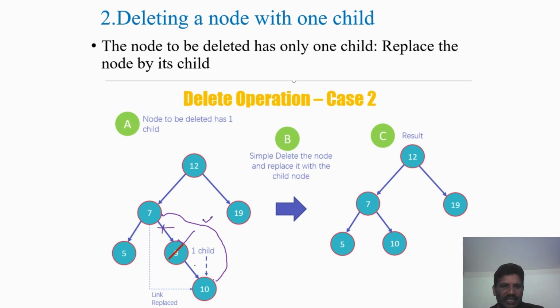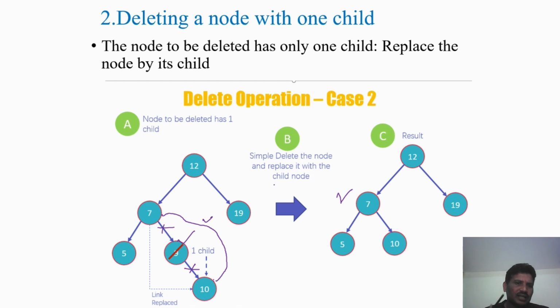After that, this link would be disconnected, then a new link will be established. Once the new link is established, 7 is directly connected to the node 9, and this is the resultant tree. It does not matter whether the deleting node has a left child or a right child.